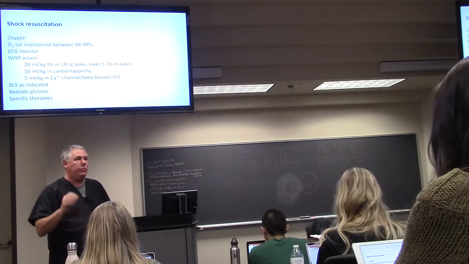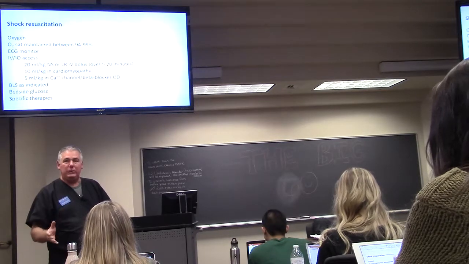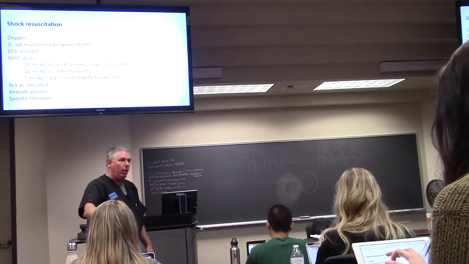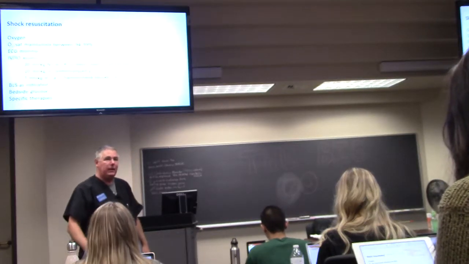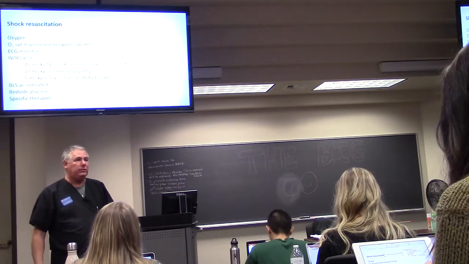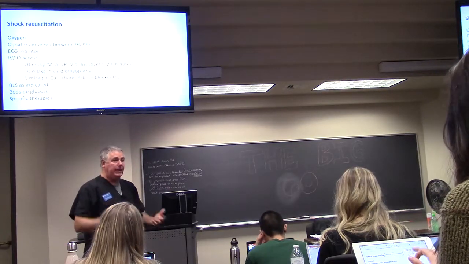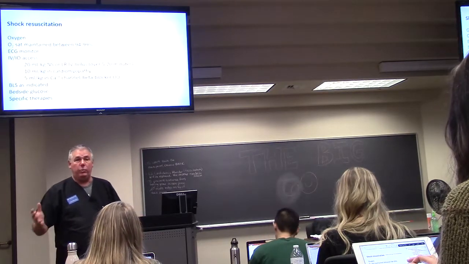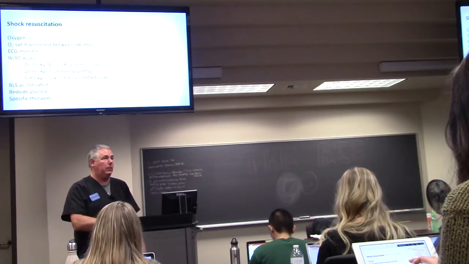The fastest way to treat shock is with fluid resuscitation. Now, I could put you on a pressor like dopamine, but that's going to take a while to mix up. Why don't I just give you a bolus of fluids? As long as your vascular system is intact, you don't have any big holes in it, you should be able to increase the blood pressure.